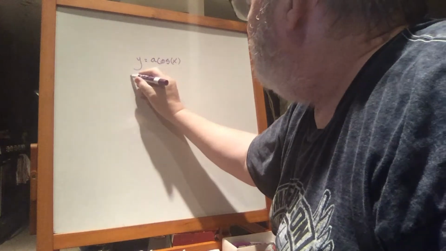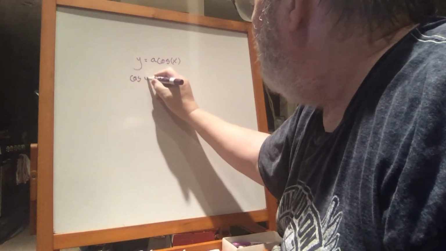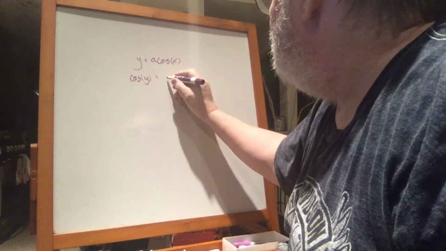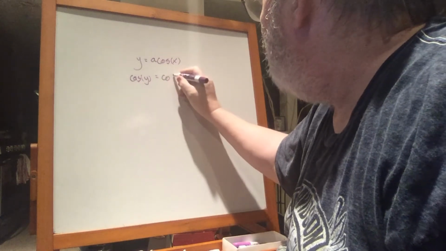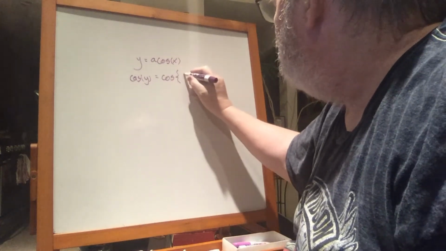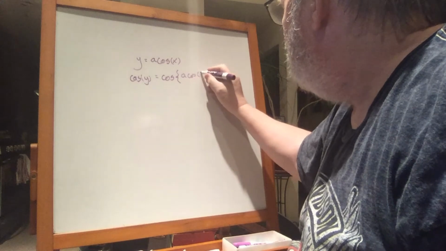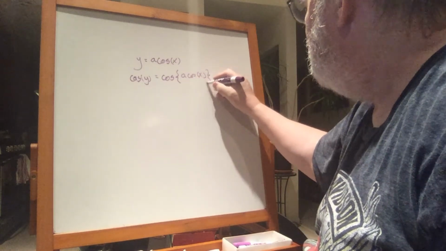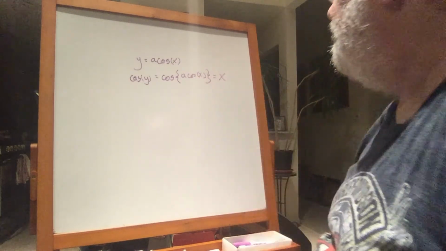So we say cosine of y is equal to the cosine of the arc cosine of x, which equals x.